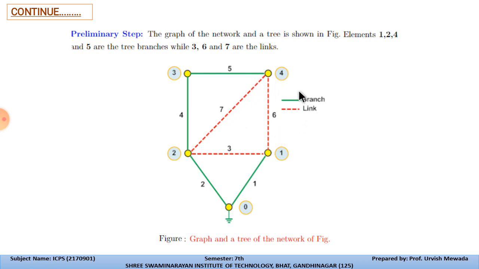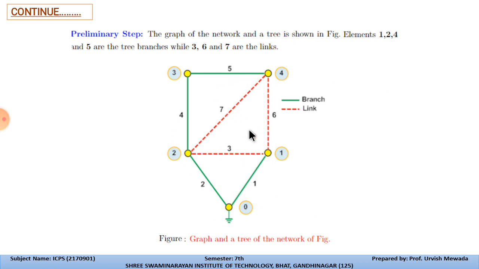So 5, 4, 2 and 1 are branches, and 7, 3, 6 are the links. The graph of the network and the tree is shown here: elements 1, 2, 4 and 5 are the branches, and 3, 6, 7 are the links.